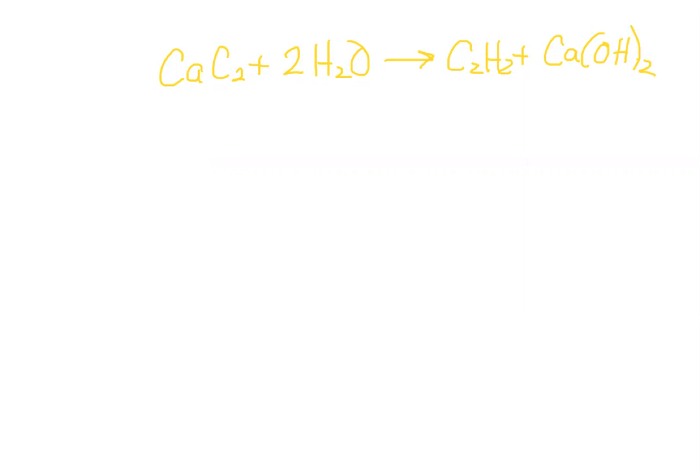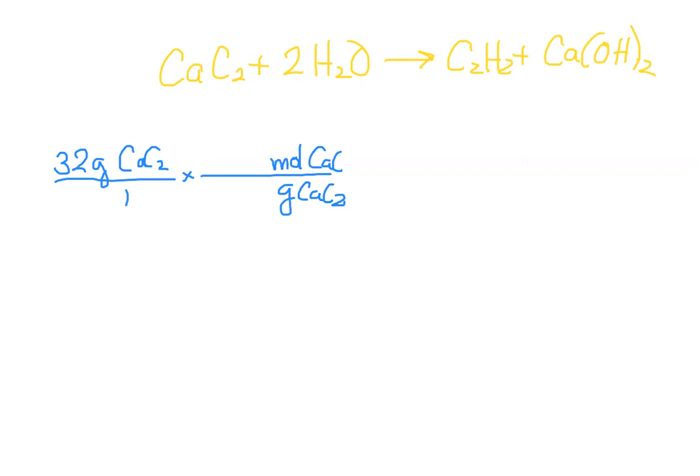Let's get a different color here. Let's start with what we're given. 32 grams of CaC2, which means we first have to change it to moles, because you always change it to moles first if you don't have that. Then we're going to change the moles to the moles of the unknown, which is calcium hydroxide.